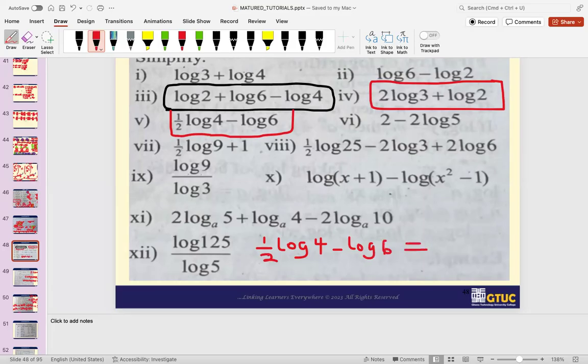We don't want any number to be at the back, so we are sending it back.